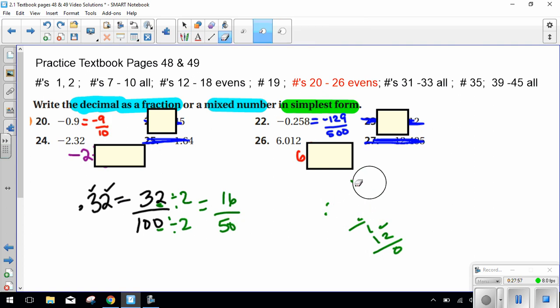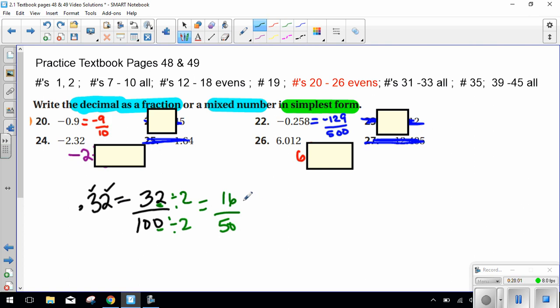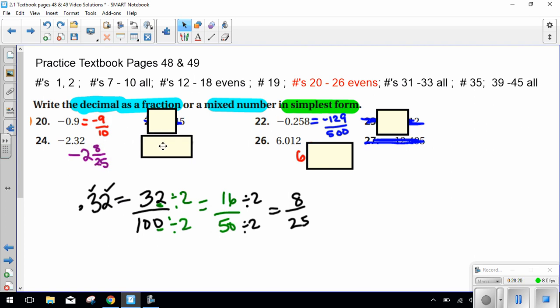If I take a look at 16 and 50, they're both even numbers again. So I'm going to divide by 2 one more time. Half of 16 is 8. Half of 50 is 25. And I can no longer divide these in half. So my final solution is negative 2 and 8 over 25.